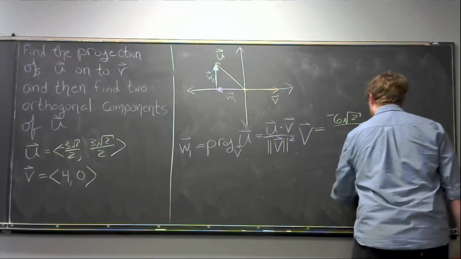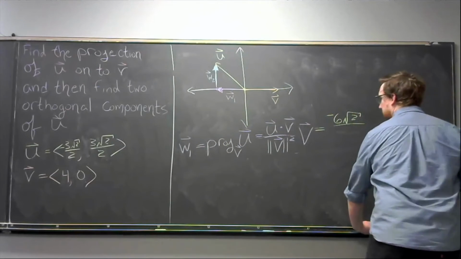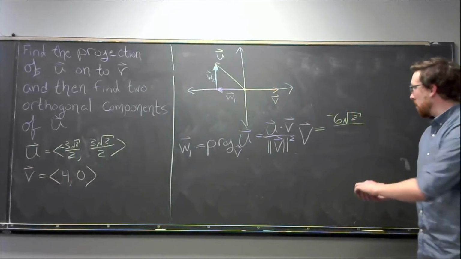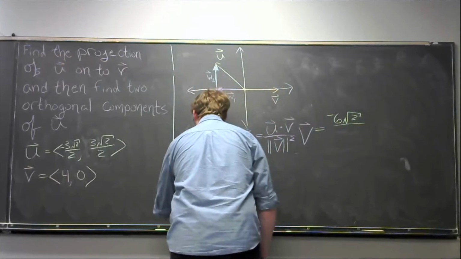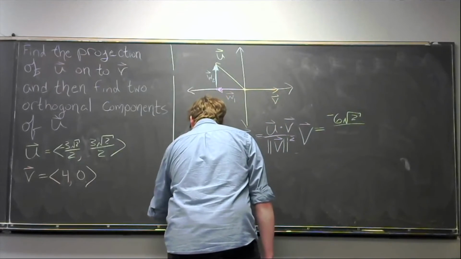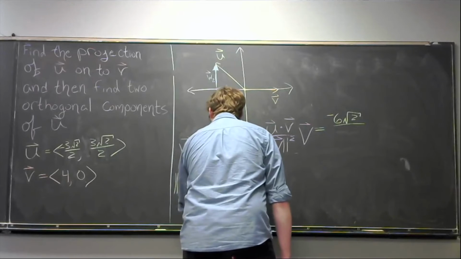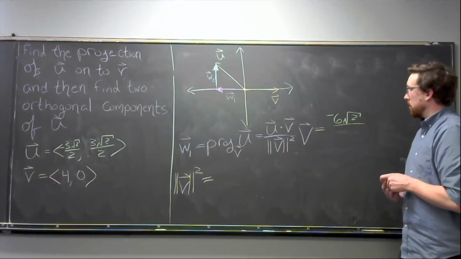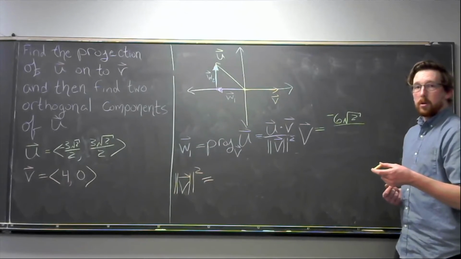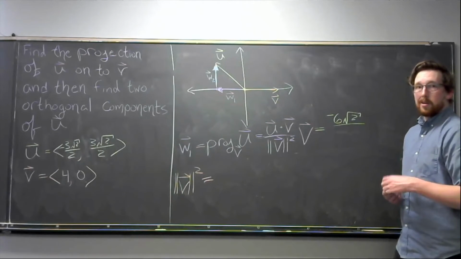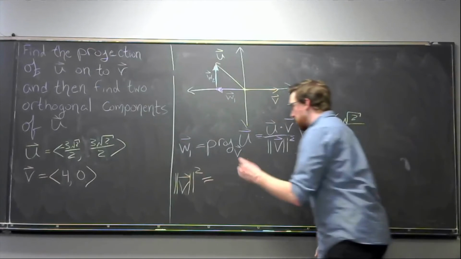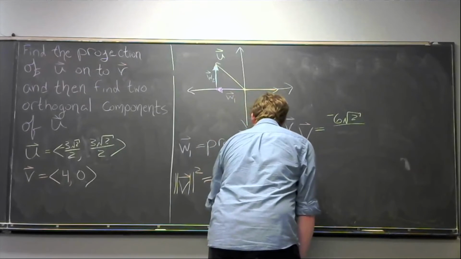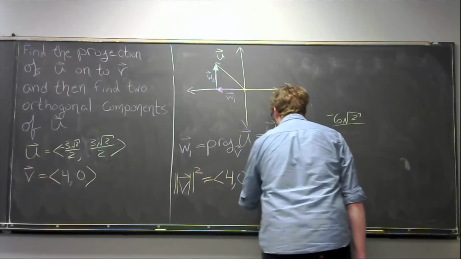Now, let's find out what our denominator is. Our denominator is going to be the magnitude squared of v. And the magnitude squared of v is going to be 4, 0 dot 4 comma 0.